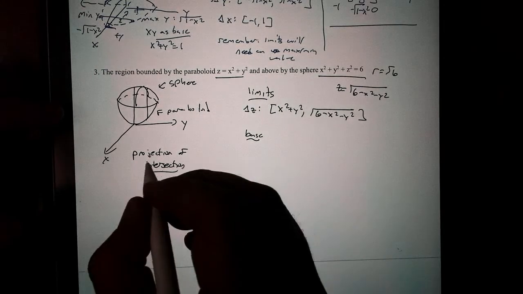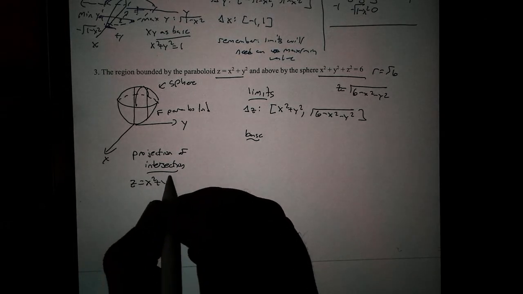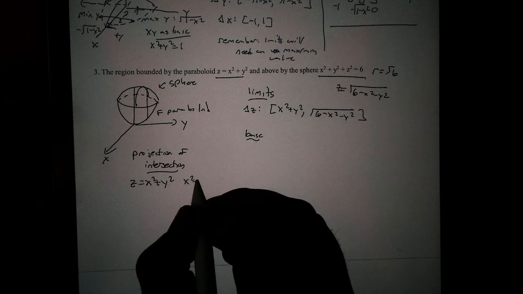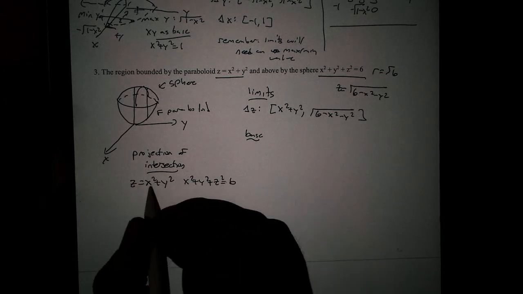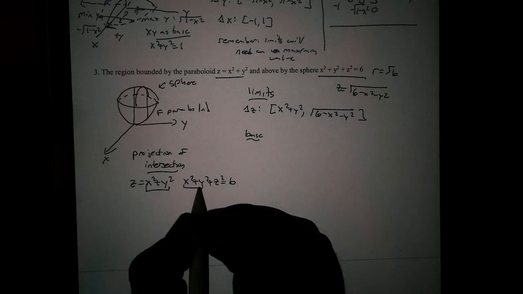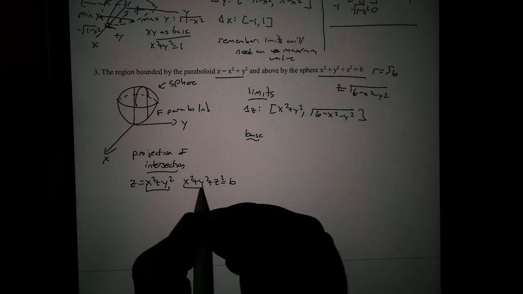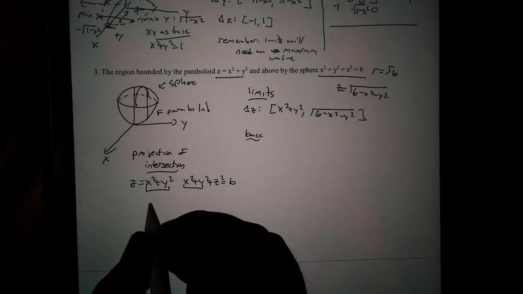I know that z equals x squared plus y squared, and that x squared plus y squared plus z squared equals 6. So this x squared plus y squared, what could I replace that with? I can replace that with z.